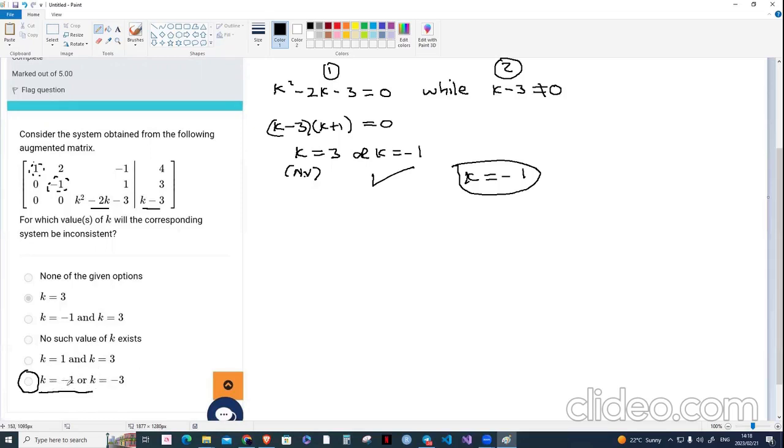In this case, k is equal to -1 is true, but k is equal to 3 is false. But because this one is true, it makes the whole statement true. Unlike here, where there's an "and". In order for the whole statement to be true, both sub-statements must be true. So in this case, our answer was supposed to be this one.